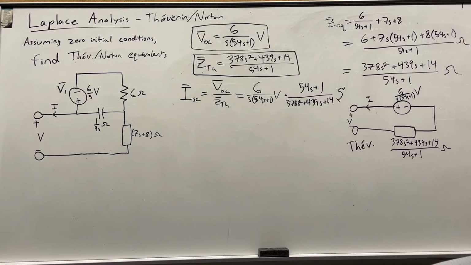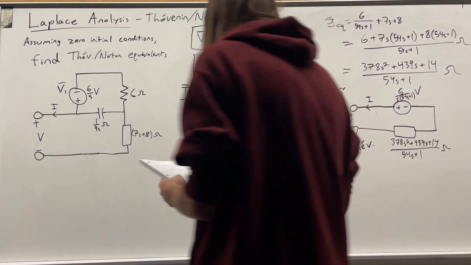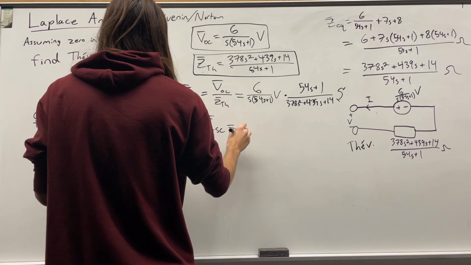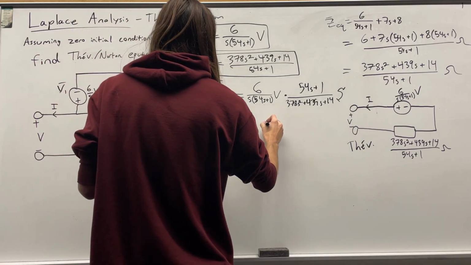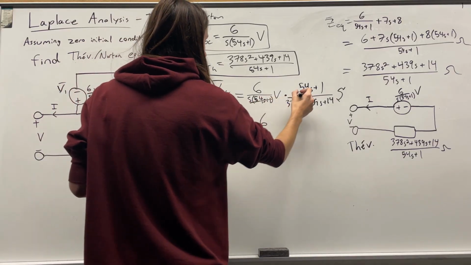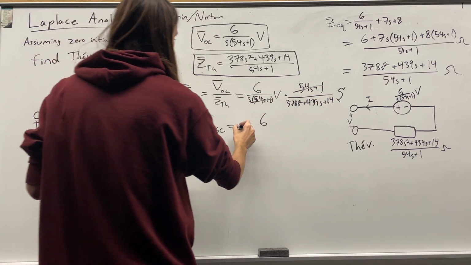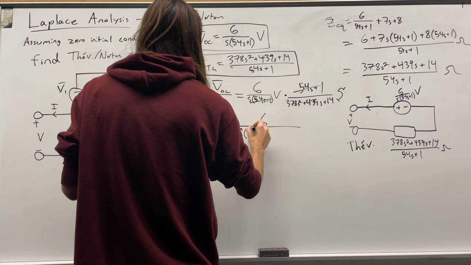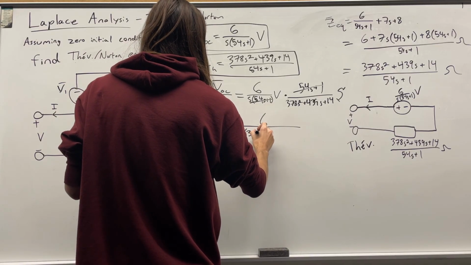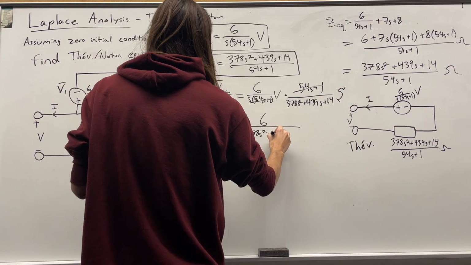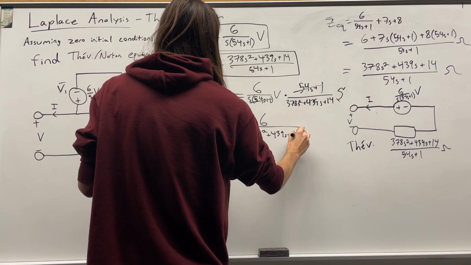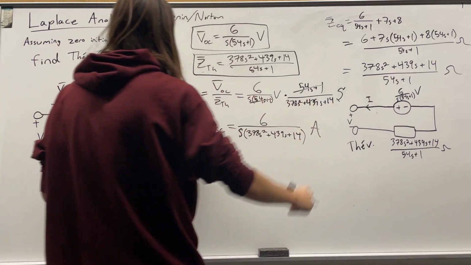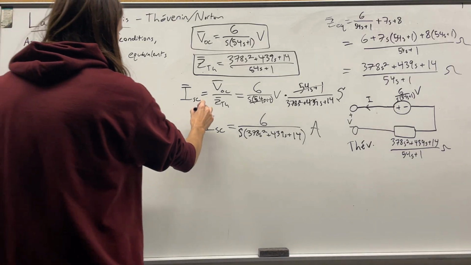And then that just simplifies. Solve that, and we get ISC is equal to, well, these cancel. So it's pretty simple, just 6 over S times this quadratic here. Okay, and then that's in amps. Volts times Siemens is amps. That's our ISC.